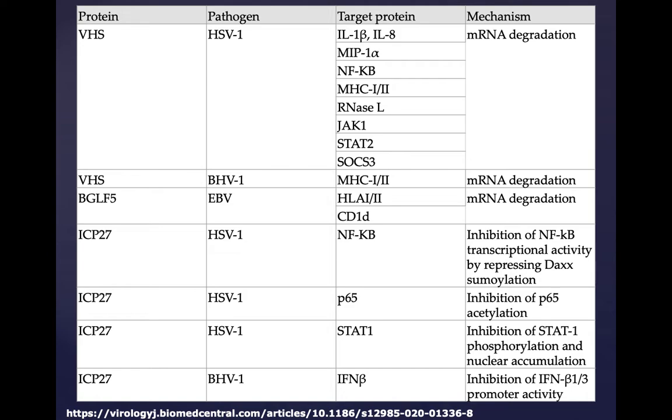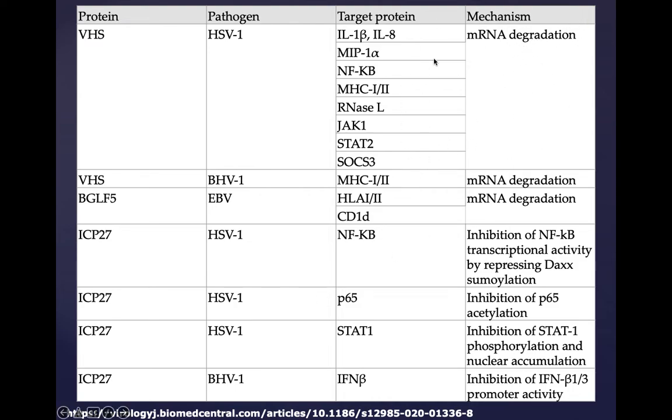For example, the herpes simplex virus 1 expresses the VHS protein, the viral shut off protein, that targets a number of proteins of the host cell. And its mechanism is through mRNA degradation.